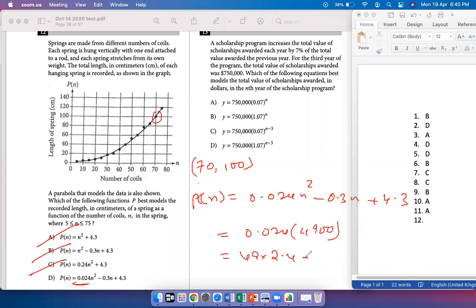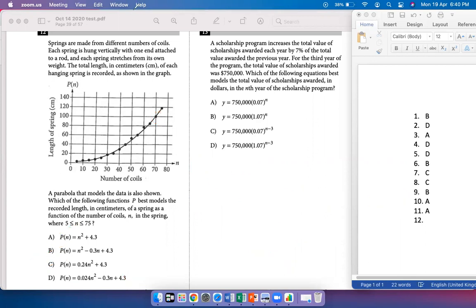So 49 into 2.4 would be approximately, almost 100, right? And then you have minus 0.3, and then you're adding something. So this is the best answer, which will get you to 100. So option D. Okay. So number 12 is D.